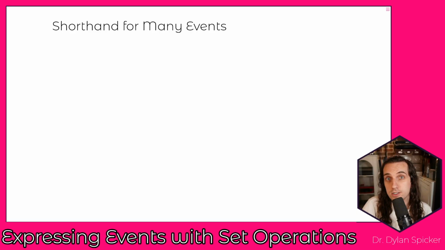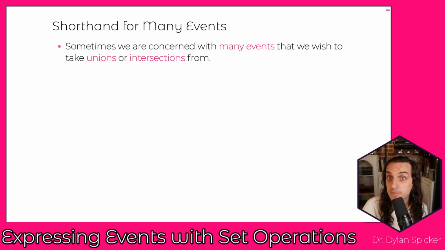When we're thinking about using intersections or unions for more than two events, we actually have a shorthand way of writing this down, because sometimes we're going to have many events that we want to take unions of. We want to take everything from all of these events, or we want to find the intersection of many events. We want to see what is shared between all of these different events.